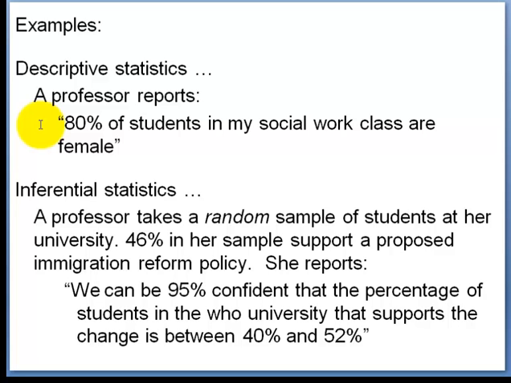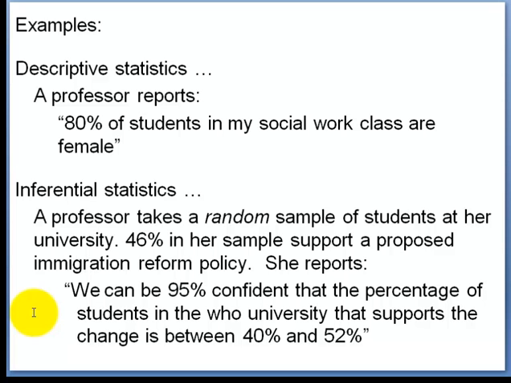So if a professor takes a random sample of students at her university, and let's say 46% in her sample support a change in immigration policy, she might report something like, we can be 95% confident that the percentage of students in the university that supports the change is between 40% and 52%.